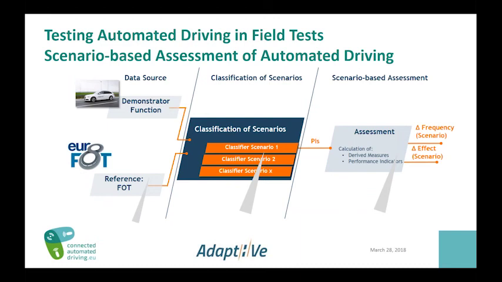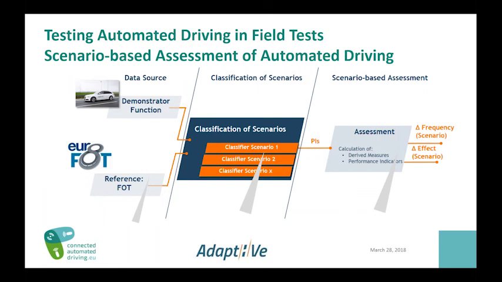And on the next slide, you can see the overall assessment which we performed in Adaptive. On the left side, you see the different data sources: from EuroFOT, the reference data, and from the demonstrator vehicles, actual data of the function behavior. So that is the automated driving function, which you see here under demonstrator function.